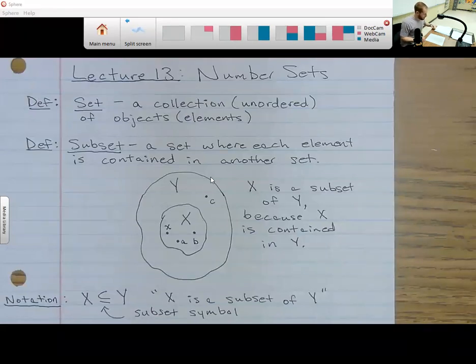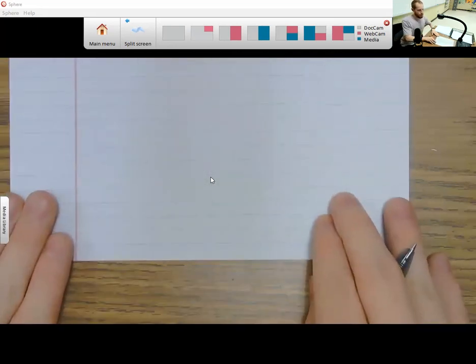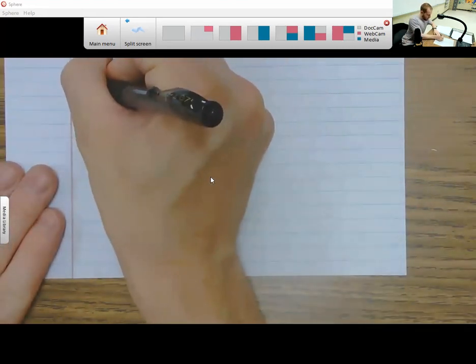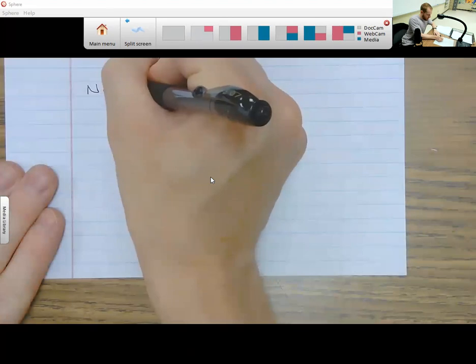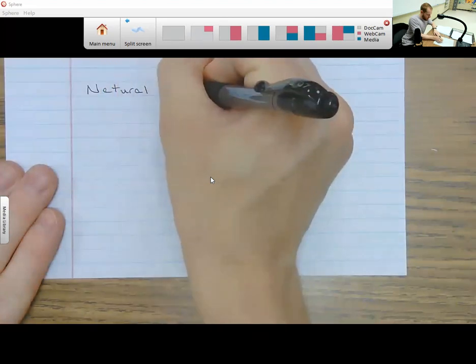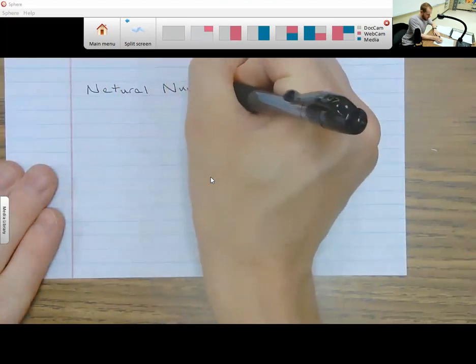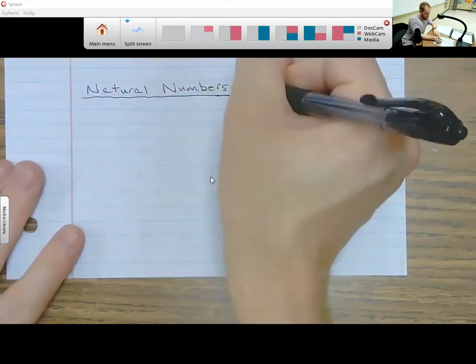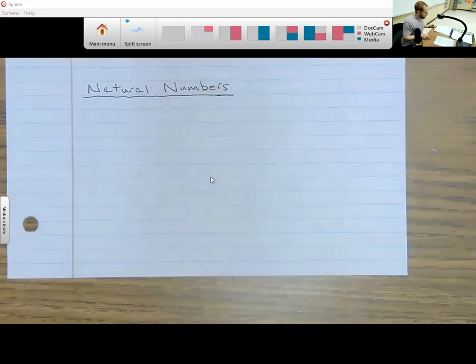All right. So the first set that I wanted to talk about is called the natural numbers. So let's get to that. Okay, the natural numbers. This is the first set we're going to talk about.